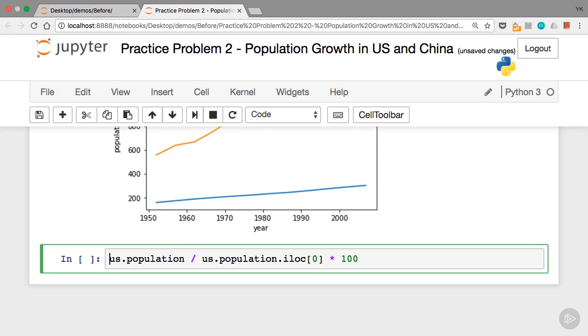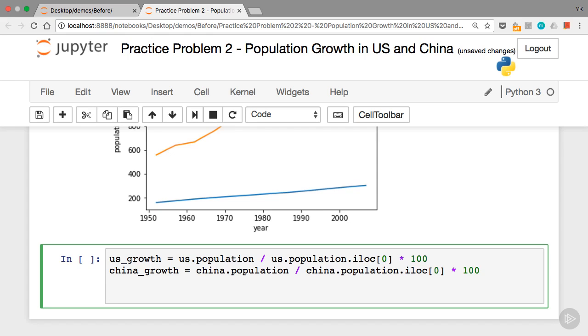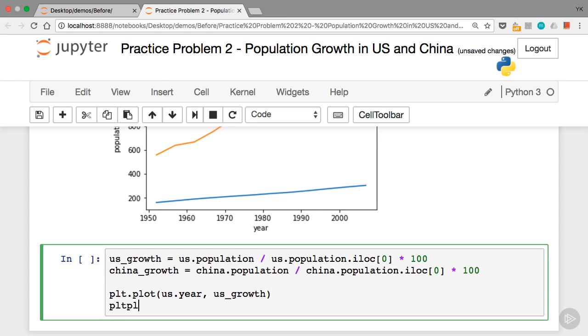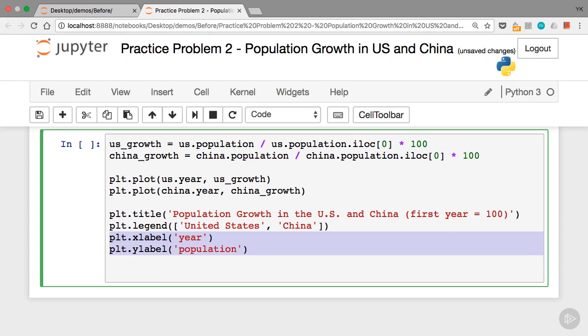Let's put this in a new variable called US growth, and let's do the same thing with China. Let's now plot US growth and China growth as line charts with plt.plot(us.year, US growth), plt.plot(china.year, China growth).